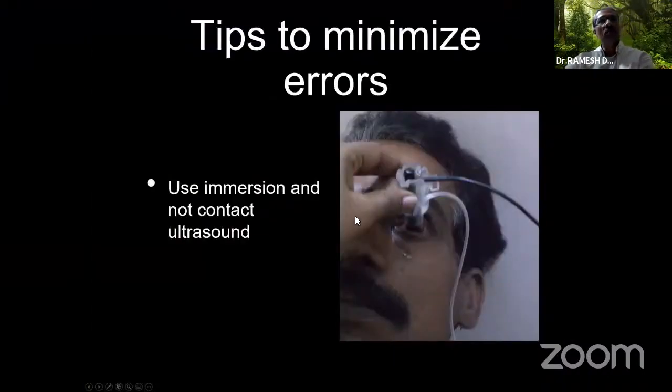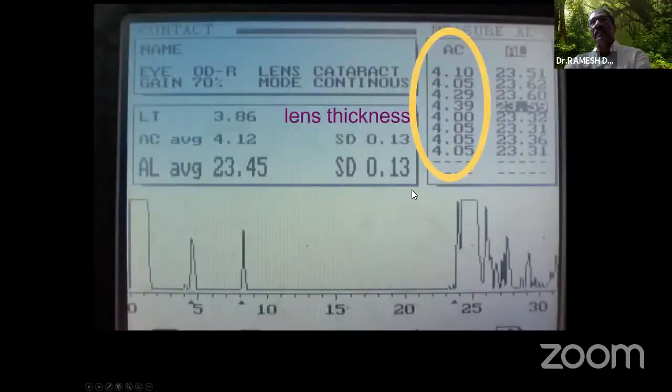So my first tip is to use the immersion and not the contact ultrasound. And the reason for doing this is very simple. You can see in this particular series of examinations, the anterior chamber depth is 4.10, 4.05, 4.29 mm, 4.39, 4.00, 4.05.